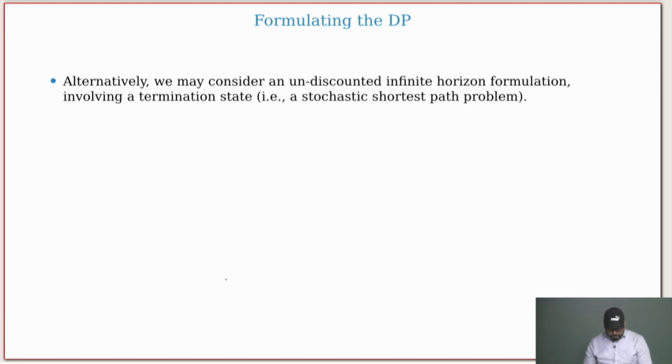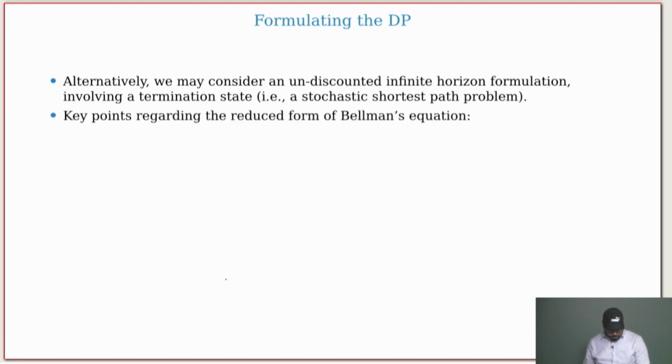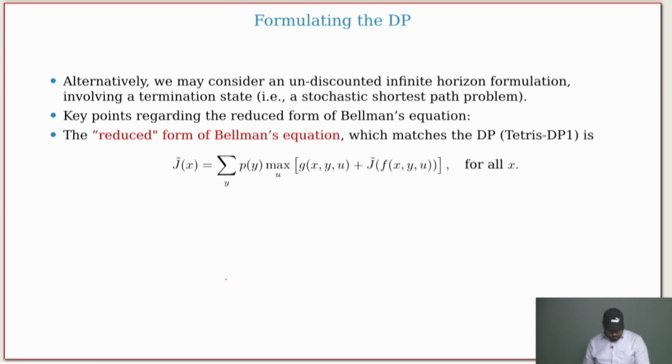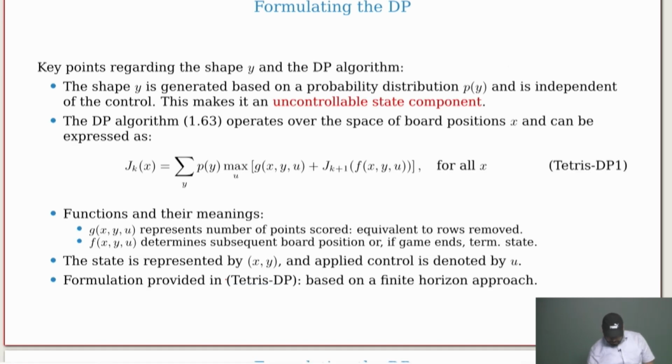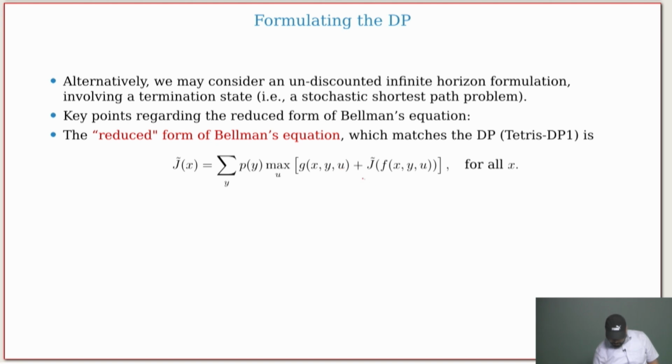We may also formulate an undiscounted infinite horizon problem involving a terminal state. What we recall is, from finite to infinite horizon: in the finite horizon there is J_k, and when you go to infinite horizon, the cost is some J tilde. We don't track the k in the infinite horizon, and that's where we get into the so-called Bellman equation.